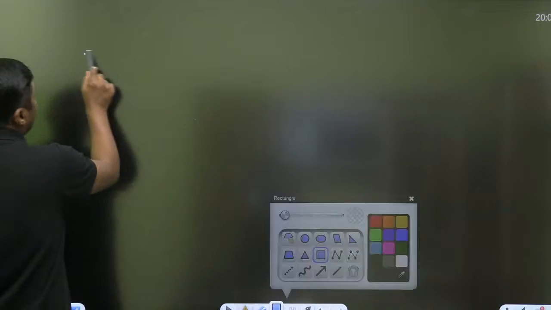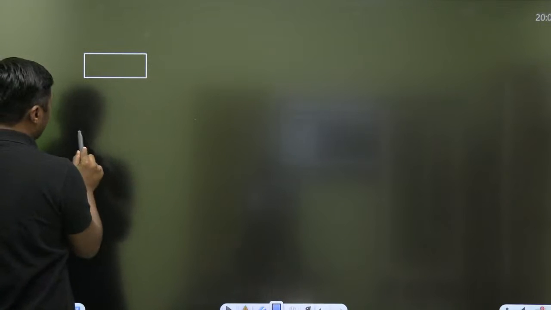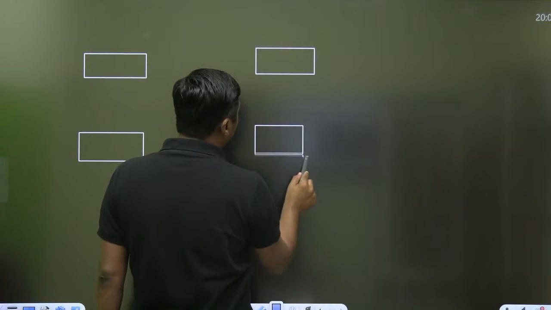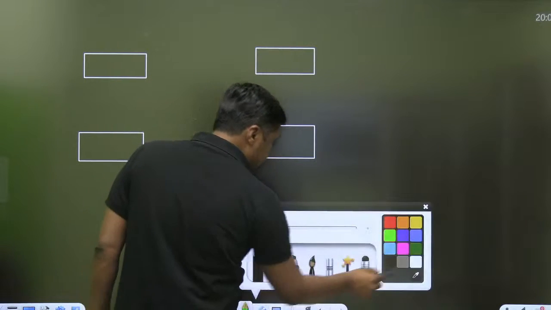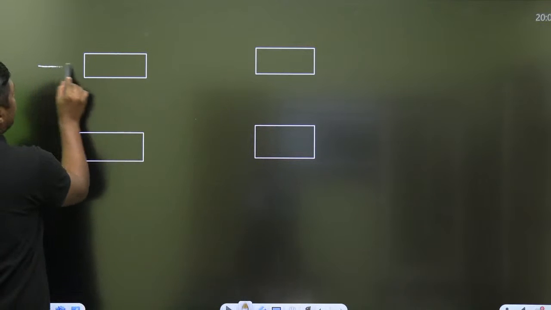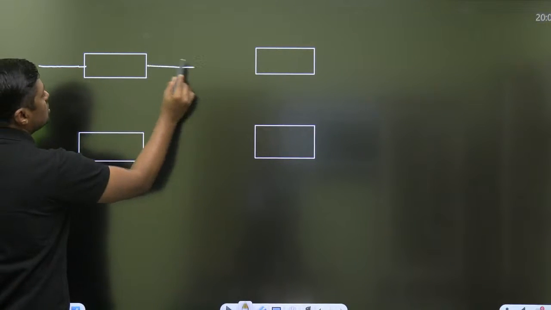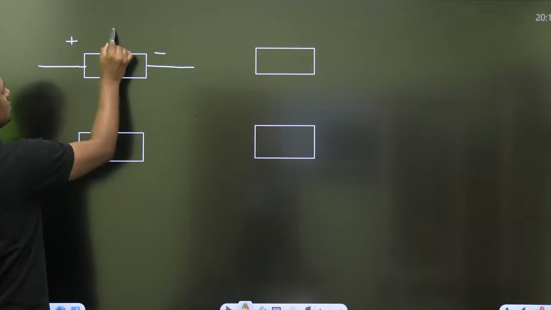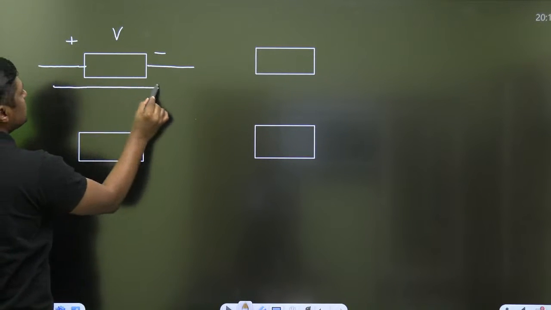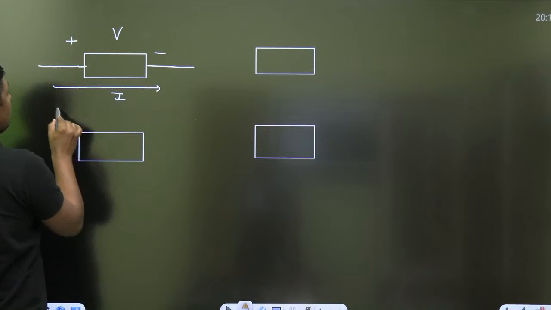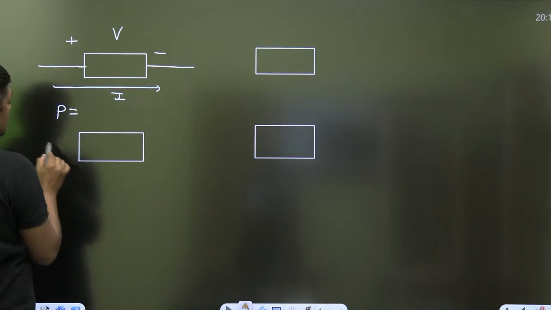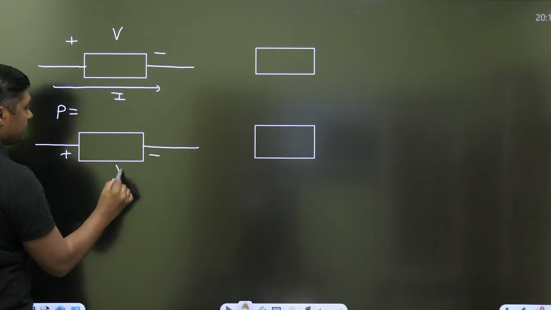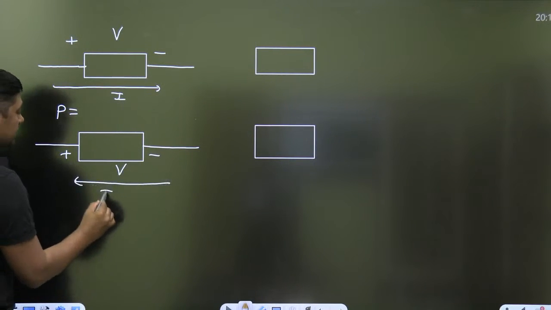Now to understand this concept, always remember one thing. For any element, there are 4 conditions. Everyone give me the positive and negative value of the power. Let this be any element, it may be a resistor, voltage source, current source, capacitor, inductor or anything. Let this be the voltage across this element and that the direction of the current.